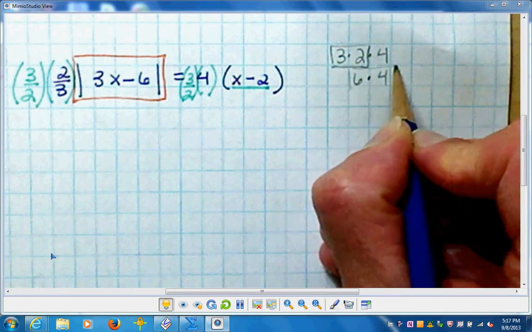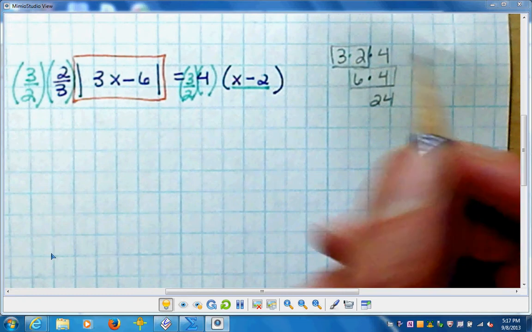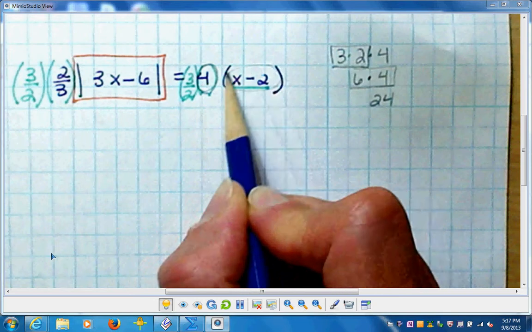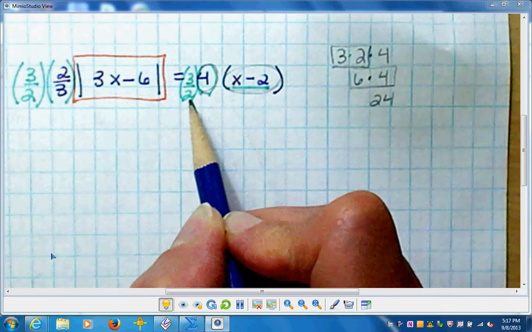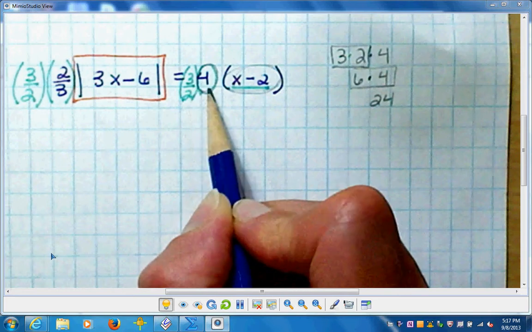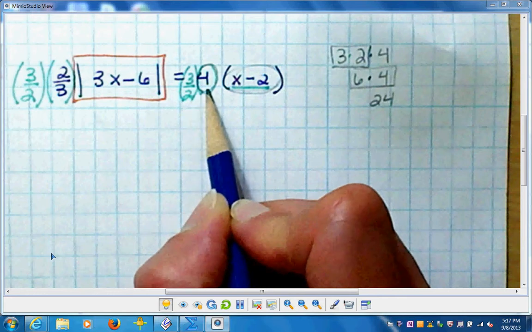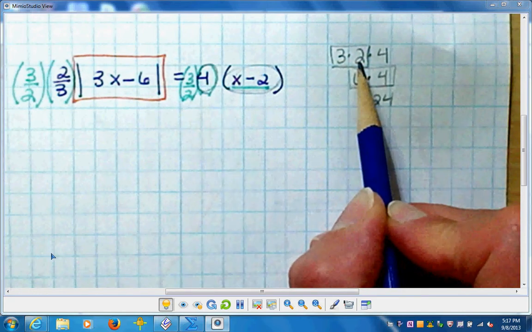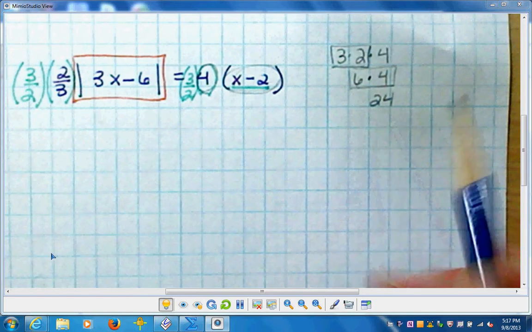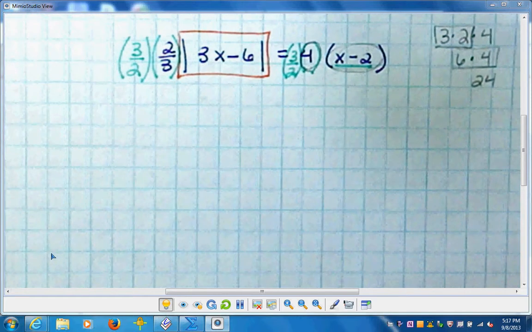And then I would multiply these two numbers here, and that would give me 24. So it's the same sort of idea here. This is one number times another number times another number. So I'm only multiplying this 3/2 to one of the numbers. Doesn't go to everything, it just goes to one of the numbers. The way this 3 only went with the 2 and I got 6. And then the 6 went to the 4 and I got 24. Same sort of idea. And we'll see more and more of that as the year progresses.